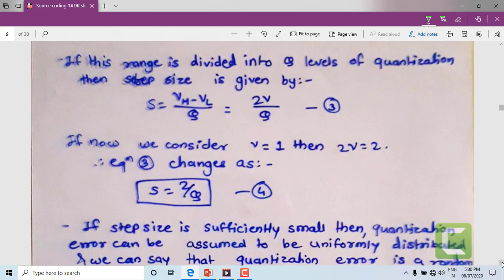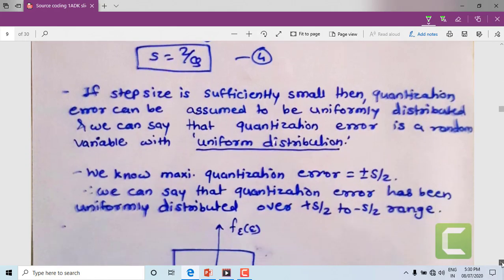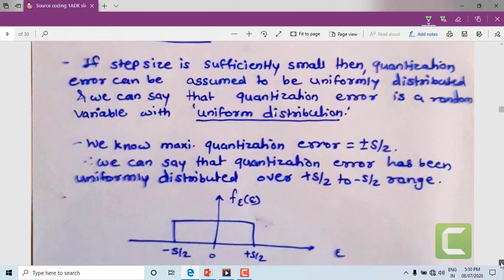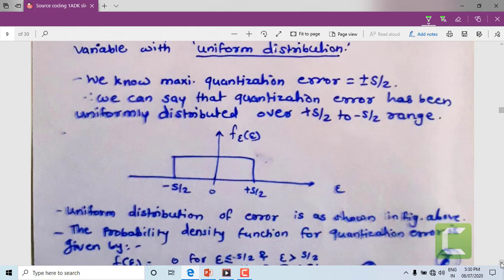So if the step size is sufficiently small, then the quantization error can be assumed to be uniformly distributed. And that's why we are saying that quantization error is a random variable having a uniform distribution. We have stated that quantization error has a minimum value of minus S by 2 and a maximum value of plus S by 2.